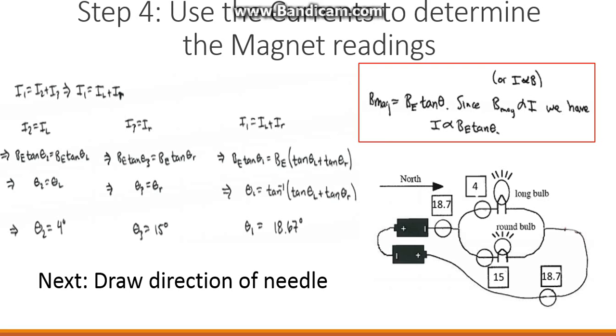And since I1 is equal to I long plus I round, we find that theta 1 is equal to 18.67 degrees. And because along this line the same current flows as right here, both this compass and this compass are deflected 18.7 degrees. And now we'll have to draw the direction of the needle for each compass.